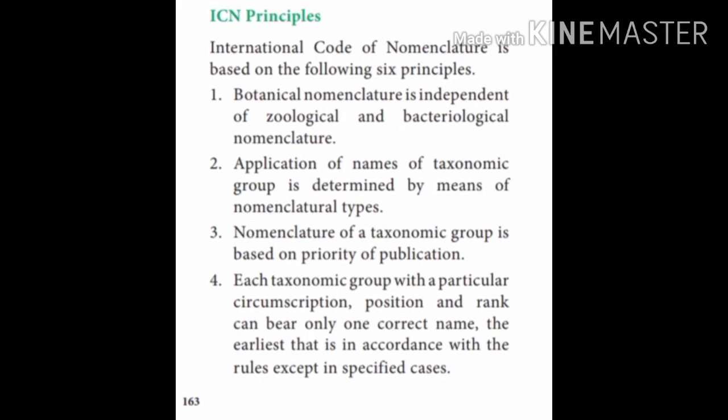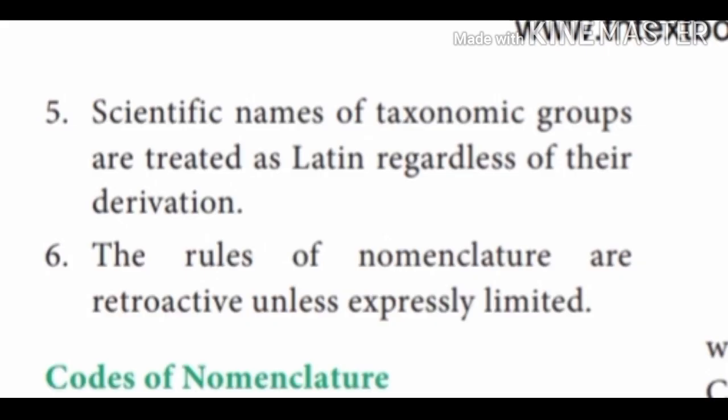Application of the name of a taxonomic group is determined by means of nomenclatural types, and it must be published, with priority of publications. Each taxon group, with a peculiar circumscription, position and rank, needs to be mentioned. The fifth one is that scientific names of taxonomic groups are treated as Latin regardless of their derivatives.